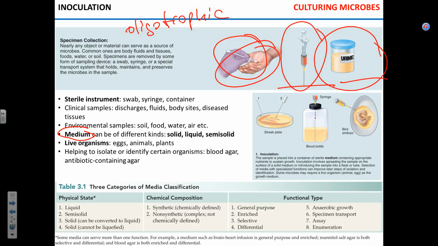It can be a mixture of chemicals like agar, or it can be a live organism like eggs or animals or plants. Even bacteria can serve as a medium for growing the viruses of bacteria. Does that make sense? Because without them, those bacteriophages are not growing.